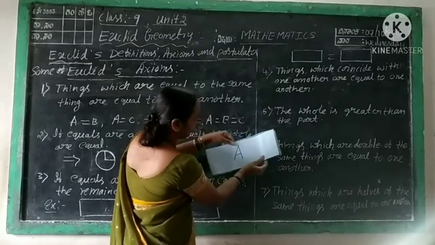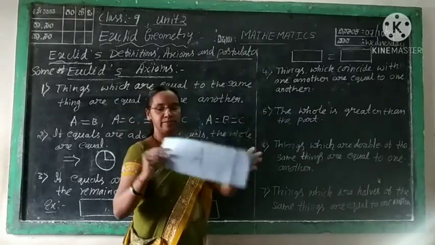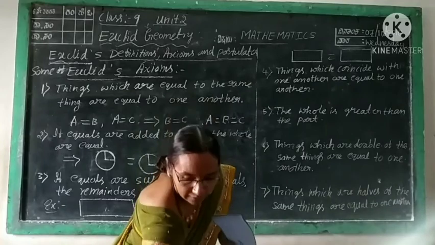We double the two rectangles. Double this, and another one is this.